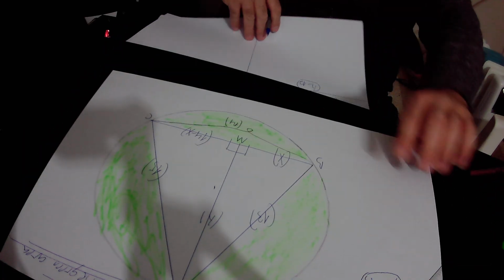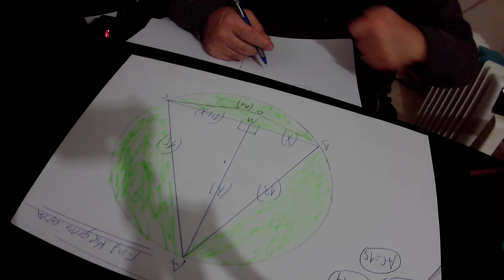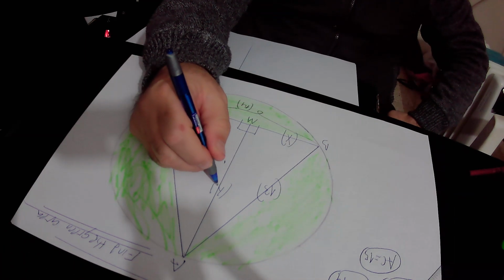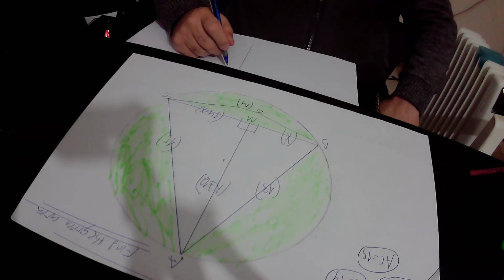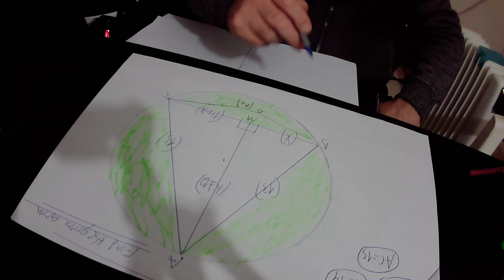So we found out that AM is equal to H, it equals 12 units in length, and X equals 5 units.